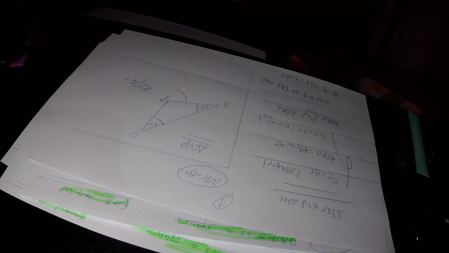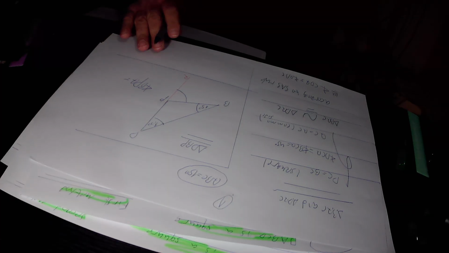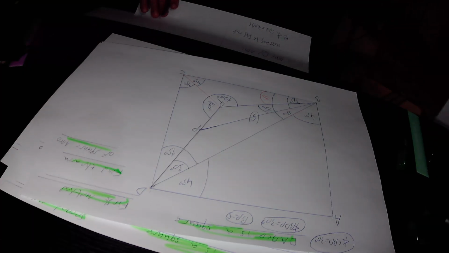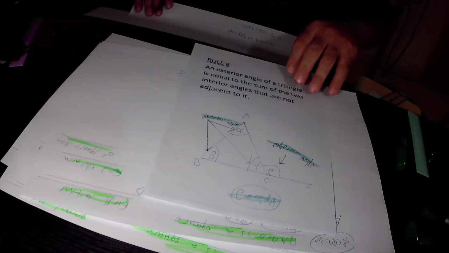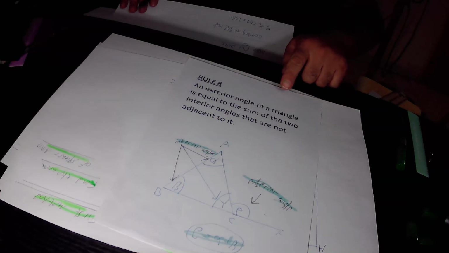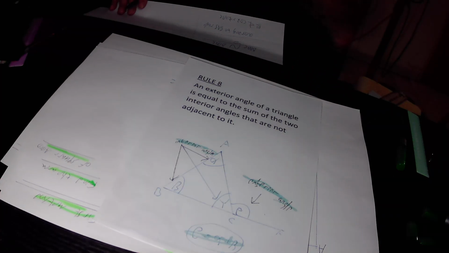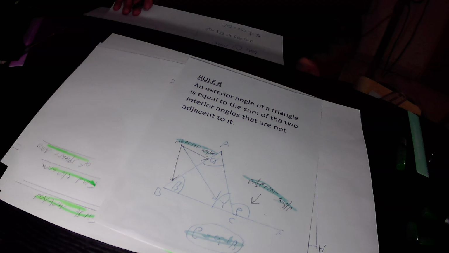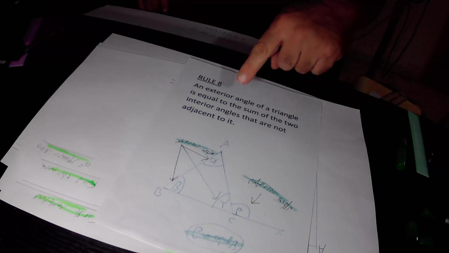Rule 8 answers this question. According to Rule 8, an external angle of a triangle is equal to the sum of the two interior angles that are not adjacent to it. This is triangle ABC.